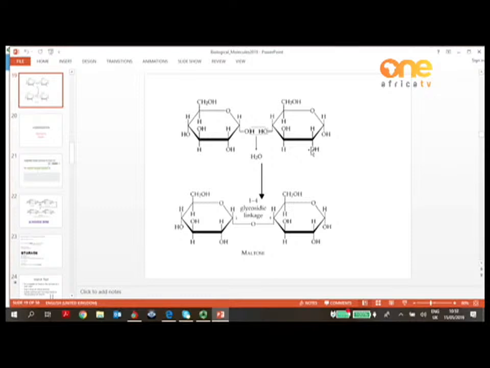What is the simplest form of carbohydrate that I can have in my hand, and it's still a carbohydrate? A monosaccharide. So it means that I have 1 molecule. 3 examples that you know of monosaccharides: glucose, fructose, and galactose.